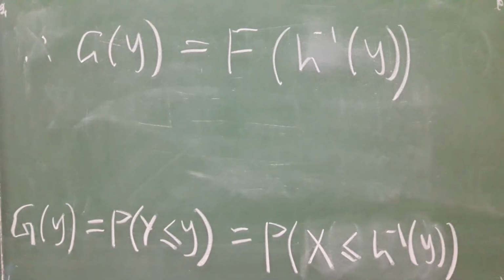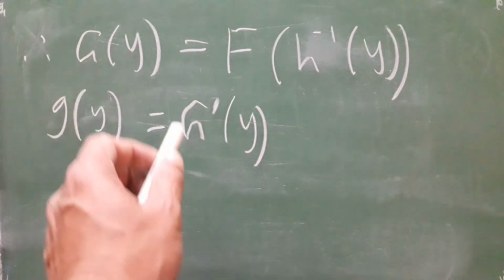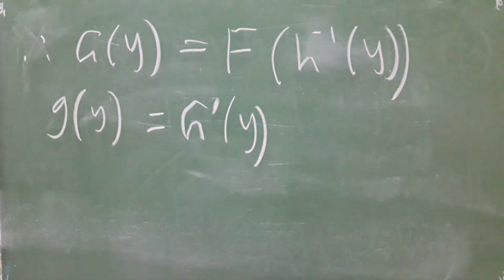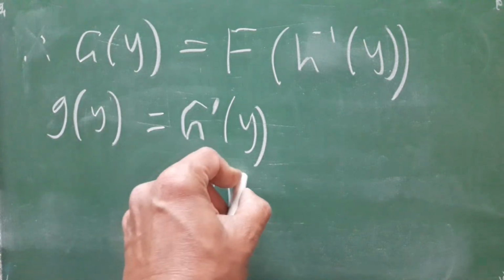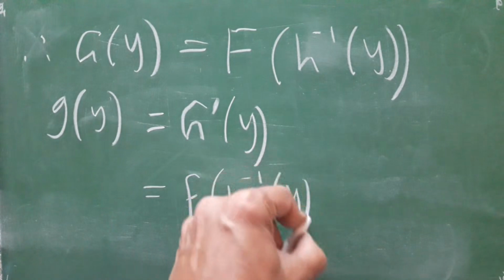Now our aim was to obtain the density of y, so we plan to differentiate this and we shall use the chain rule because h inverse was assumed to be differentiable. I first differentiate this capital F to get little f and I leave whatever was inside unaltered.